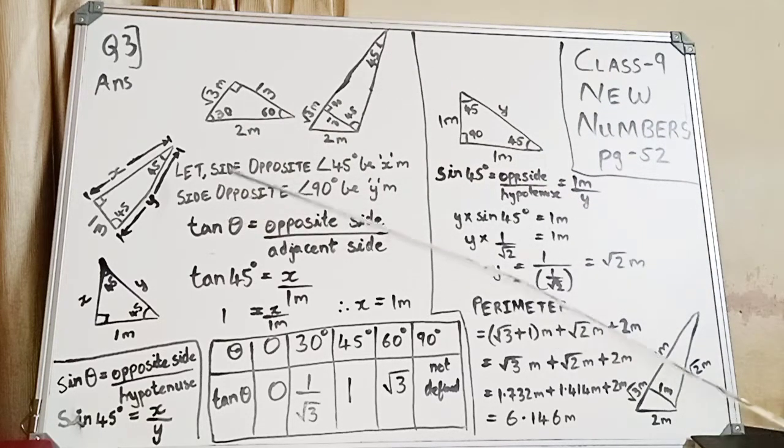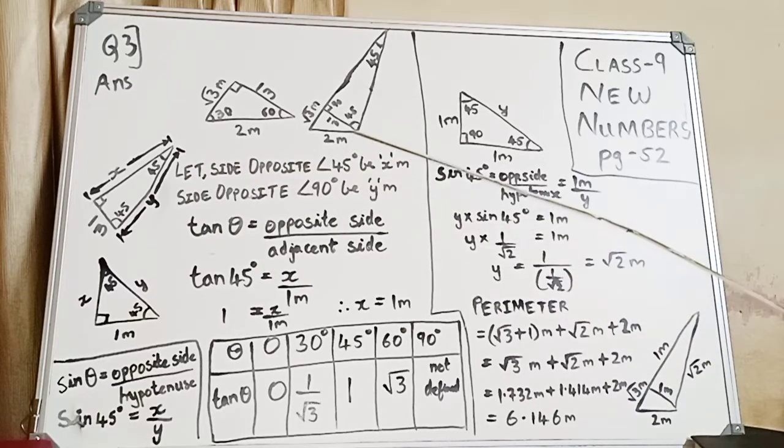You can see this side is x and this side is y. So let us suppose the side opposite to angle 45 degree be x. So this is 45, the side opposite to it, let it be x. Opposite to the 45 degree, the side from here to here is x. X is marked over here, and the side opposite to the angle 90 degree, let it be y.